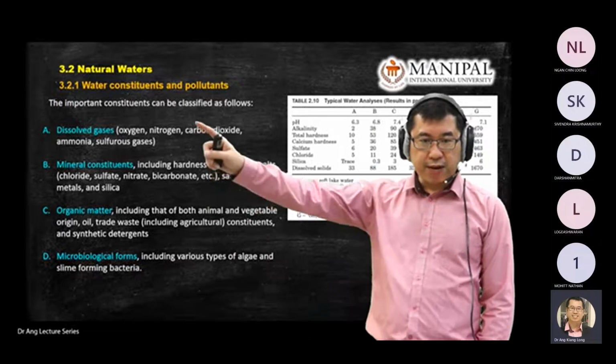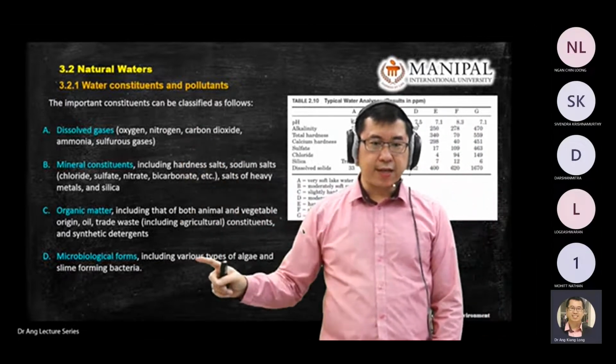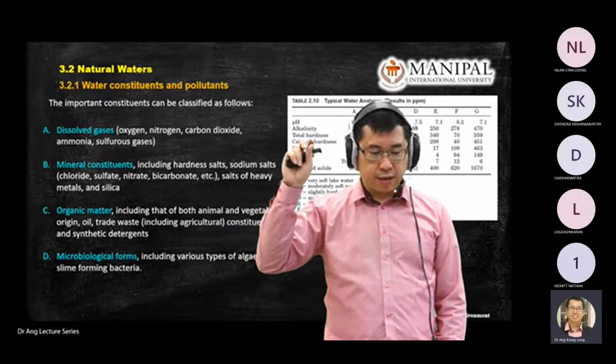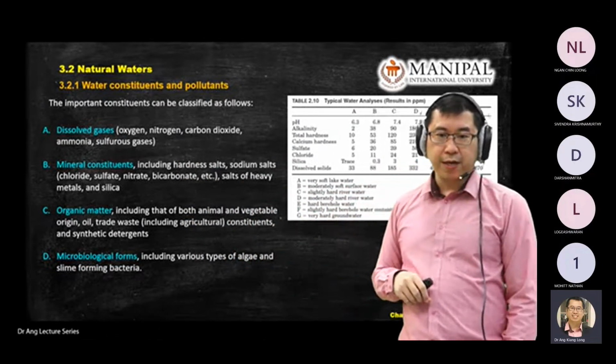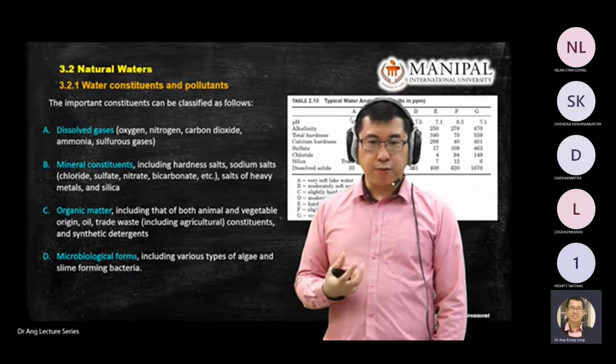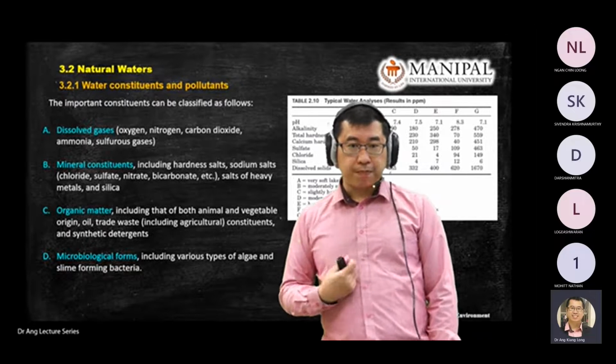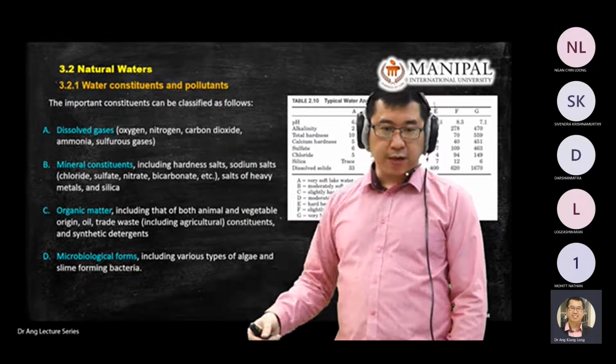These 4 I highlight with the blue color, meaning they are the main keywords when you explain the constituents that you need to be careful about in natural water, especially when it comes to water treatment. So you can group them into 4 categories.